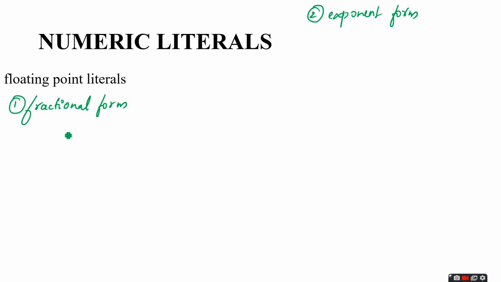Fractional form means we are writing point parts in a number like 25.67. So 0.67 is the fractional part or the point part, or 9.8, 0.03. These are the fractional numbers or the fractional form of floating point numbers.